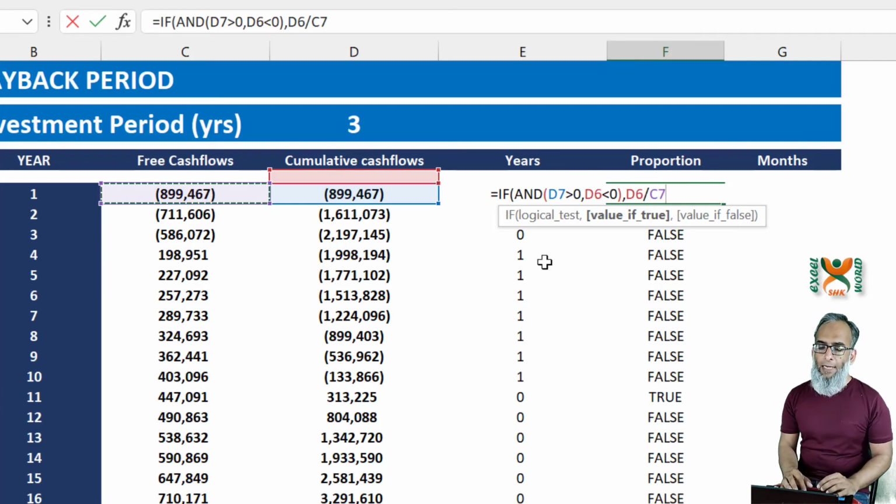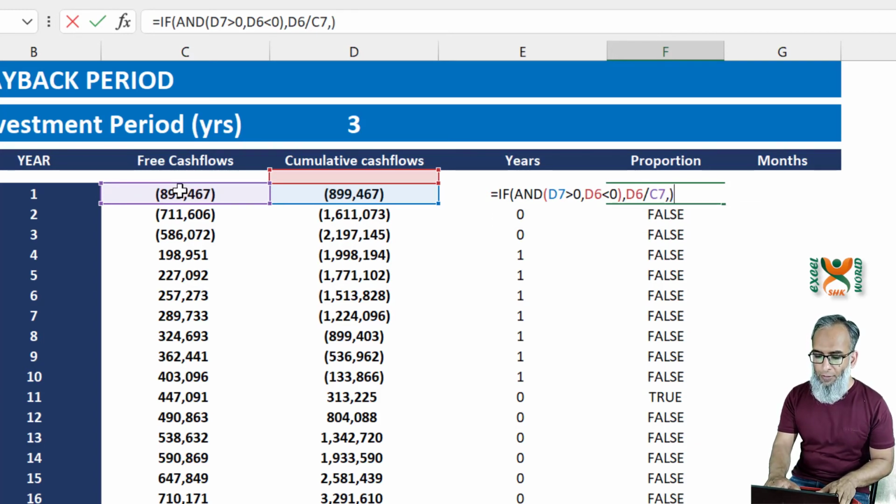So here we want to see how much proportion of last year's cumulative negative cash flow is to this year's net cash flow. And we are assuming that the cash flow for this year or all of the years occurred evenly throughout the year. So we want this percentage to be calculated, and if this is not the scenario, the logic is not true, then we want it to return 0 and bracket close.